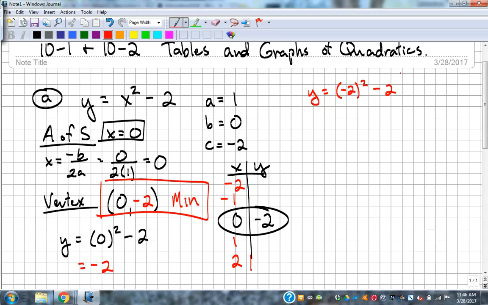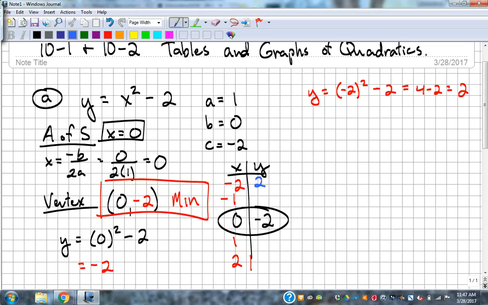You can do that in a calculator if you want to. That's fine. I'm going to write it out on the notes, and that way we see where we're getting these numbers. When I plug in -2, what's -2 squared? It'd be 4 minus 2 is +2. So the y value that goes with -2 is +2.